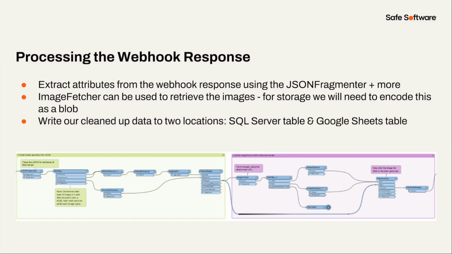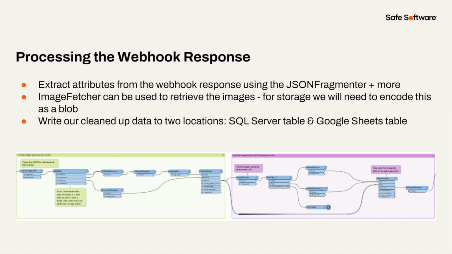The next step in our workflow is processing that webhook response. Once that webhook trigger has been triggered and we receive that JSON message, we then need to extract the attributes from our webhook response using the JSON fragmenter and more transformers. We also use the image fetcher to retrieve the images from the survey to then store those as a blob in our tables.